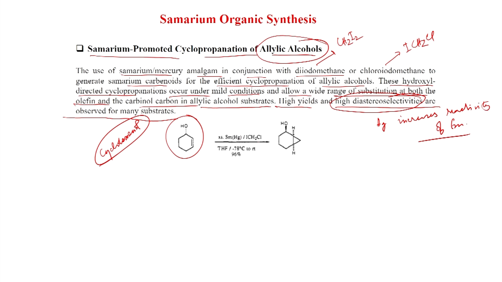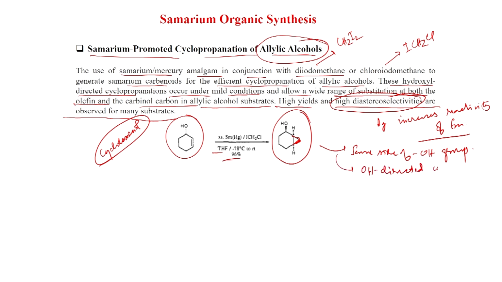And here samarium amalgam, ICH2Cl is there, THF, minus 78 degrees centigrade to room temperature, you get 96% yield of this product. And here you can see the cyclopropyl group is on the same side of the OH group. So, that means this is OH directed cyclopropanation, that we will see in the mechanism later.